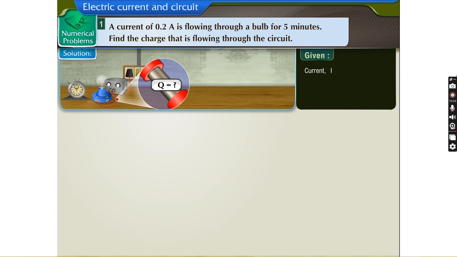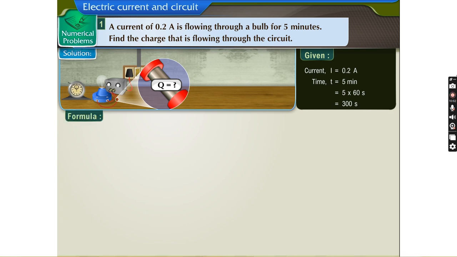Current I is equal to 0.2 ampere. Time T is equal to 5 minutes, which is equal to 5 into 60 seconds, which is equal to 300 seconds. We have to find total charge Q flowing through the circuit.